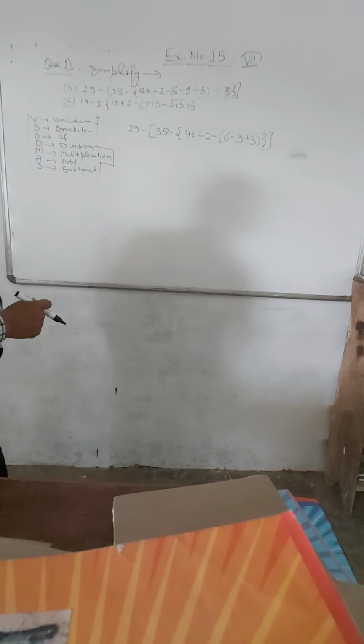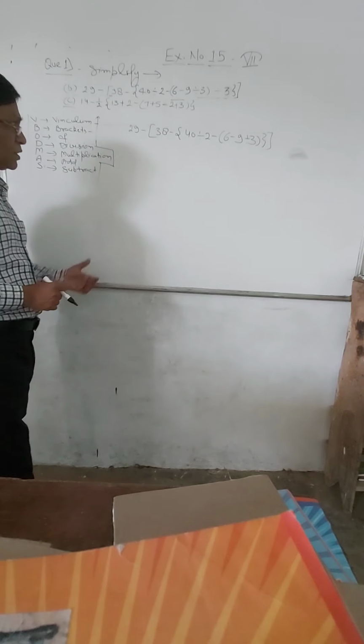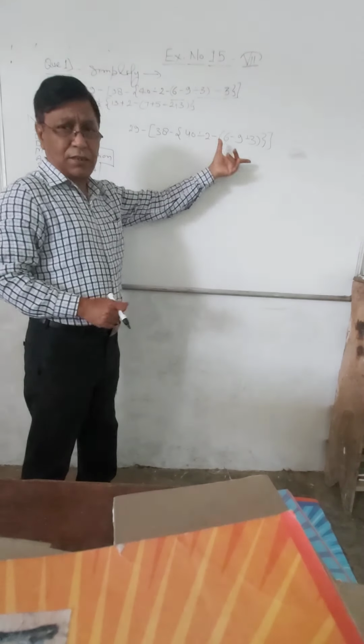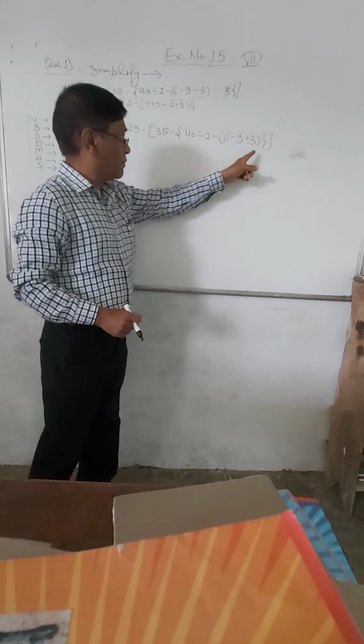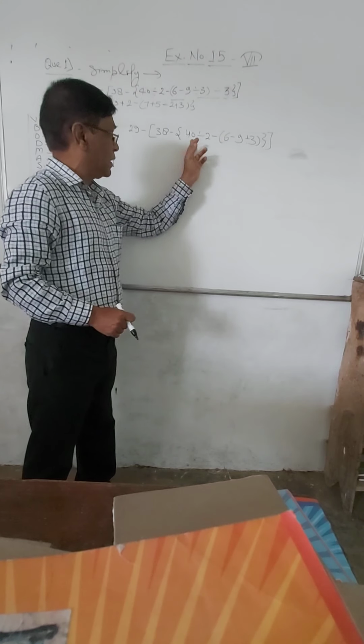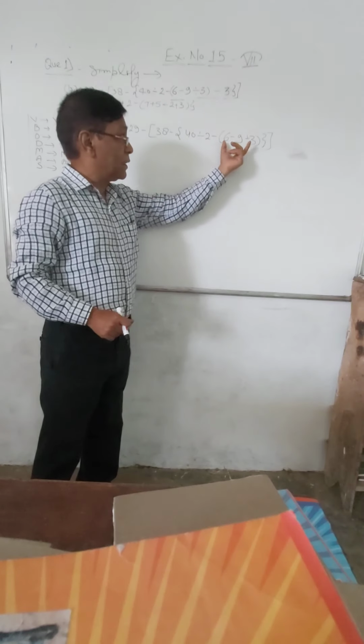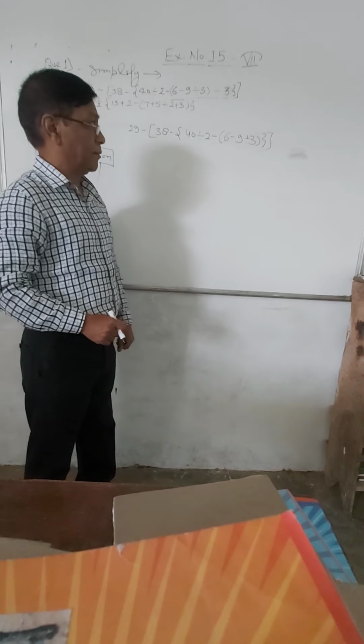Now see, this is the big bracket, with the whole number written under it, and this is the curly bracket with this much inside, and the small bracket with this much inside.